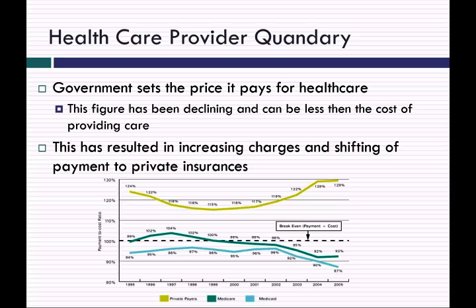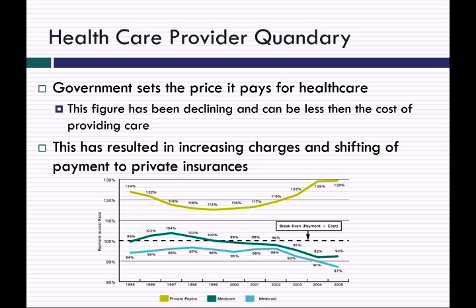So here's one of the problems with healthcare. Even though the governmental aspect of our health services is a minority percentage, the government sets the price that it pays for healthcare related to the government system. And the problem is this figure has been decreasing, and has decreased to the point where sometimes the amount that someone is reimbursed for providing a service is actually less than what it costs them to provide that service.